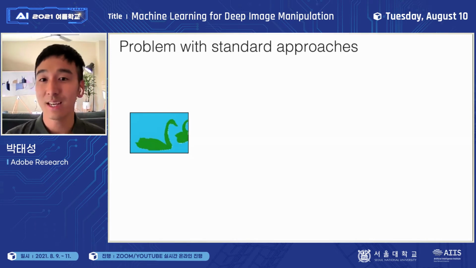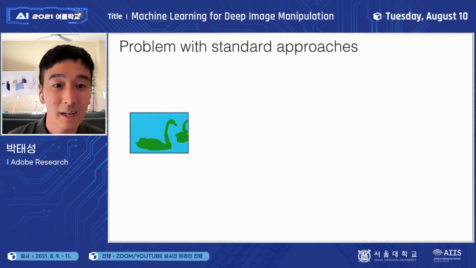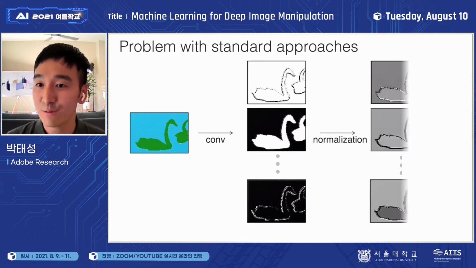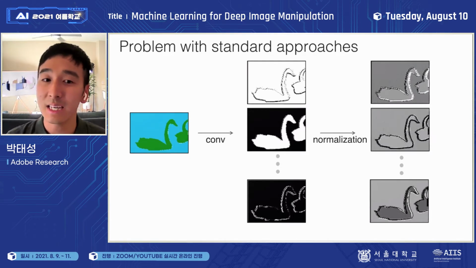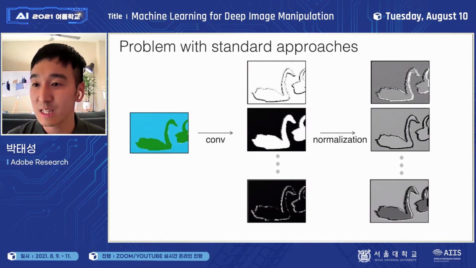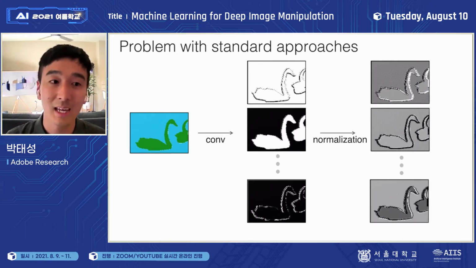After some investigation, I found that the issue was in the architecture of the network. A standard deep network consists of convolutional layers followed by normalization layers, which works by making each layer output zero mean and unit variance. We know normalization yields nice properties for image recognition, such as smoother gradient flow or invariance to input scaling.